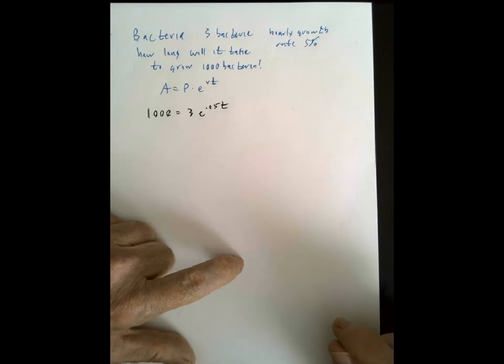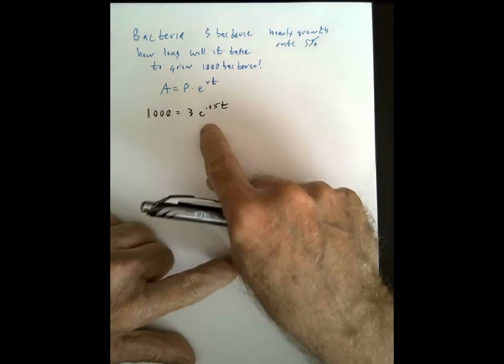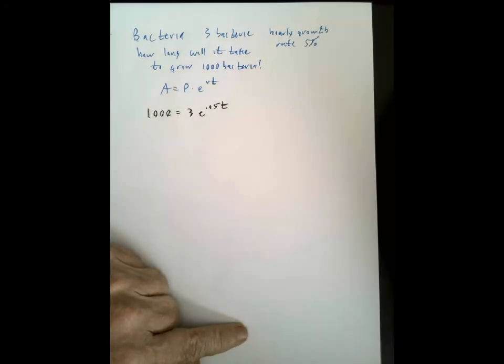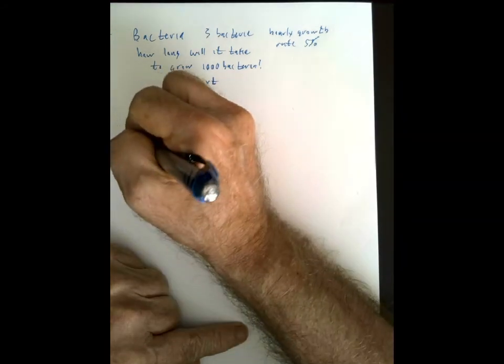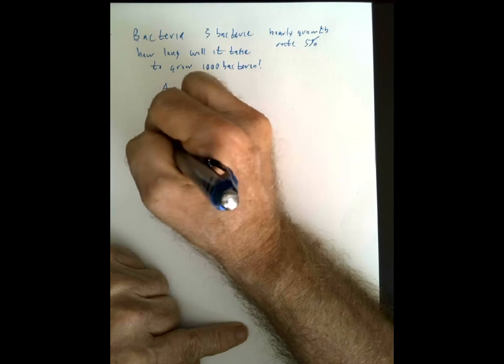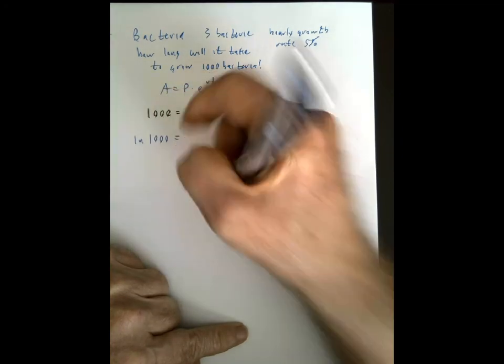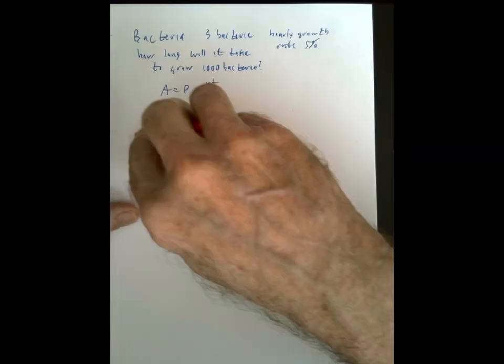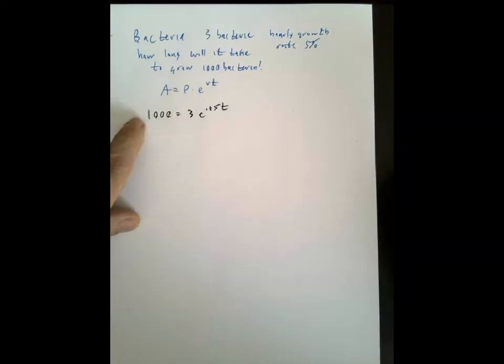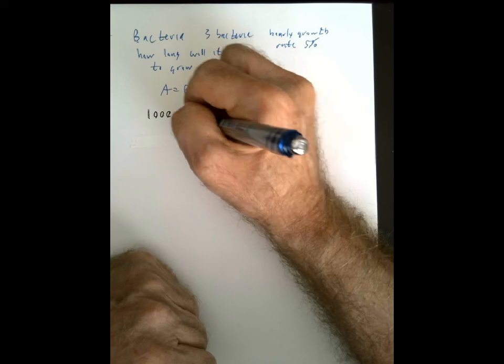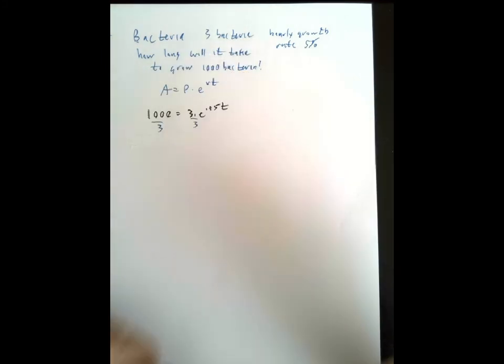Now again, we're going to ln both sides. So that's going to look like this. ln 1,000 equals... oh, we're not going to do that first. Sorry, people. You're probably going, but Mr. Waters, you forgot something. Yes, we've got to divide by 3 first to get the e part by itself.